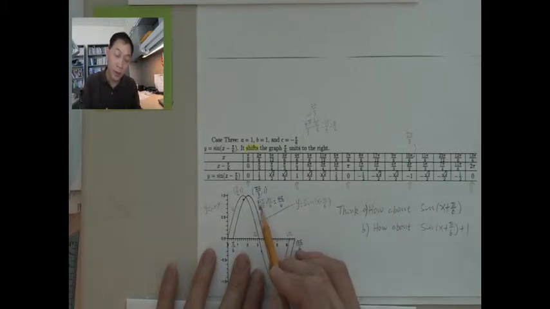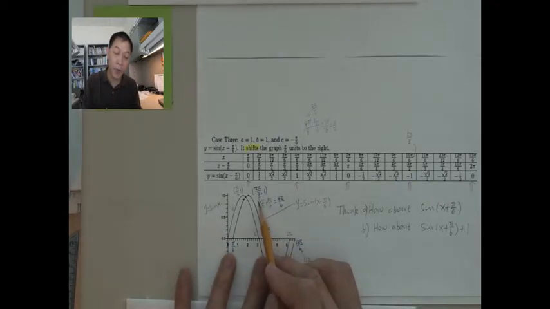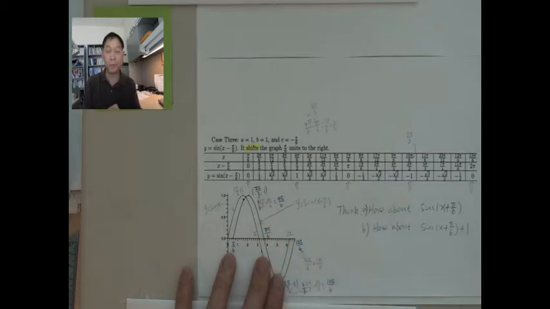Both numerator and denominator times 3: 2 times 3 is 6. Now both are over 6. Now 1 plus 3 is 4, and 4 pi over 6 is 2 pi over 3.